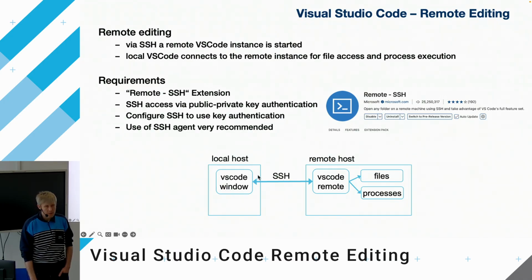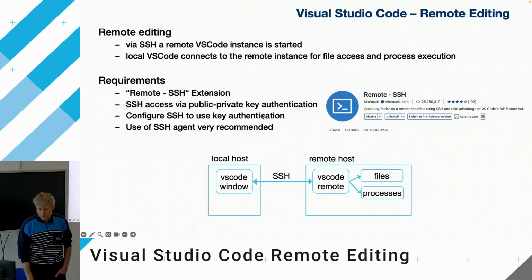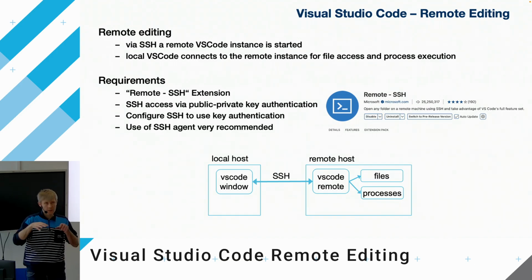Locally, you will have a normal VS Code window, but all the files that you edit are on the remote side, and all the processes that you start and the terminal that you have are on the remote side. For this, you need the Remote SSH extension that you will find in the plugin repository of VS Code, and you need to configure your SSH access to use public-private key authentication, because there will be back and forth by VS Code to set it up, and it will always ask you for your password, and this is very inconvenient.